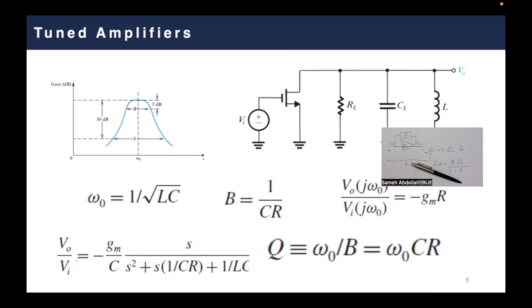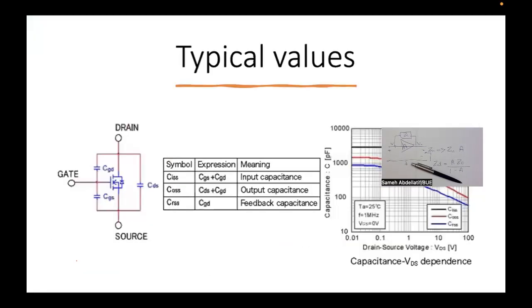So, as we see in this slide, for example, for this MOS, the capacitance is mainly in the pico, let's say nano, sub 10 nano, or a few nanofarad range.